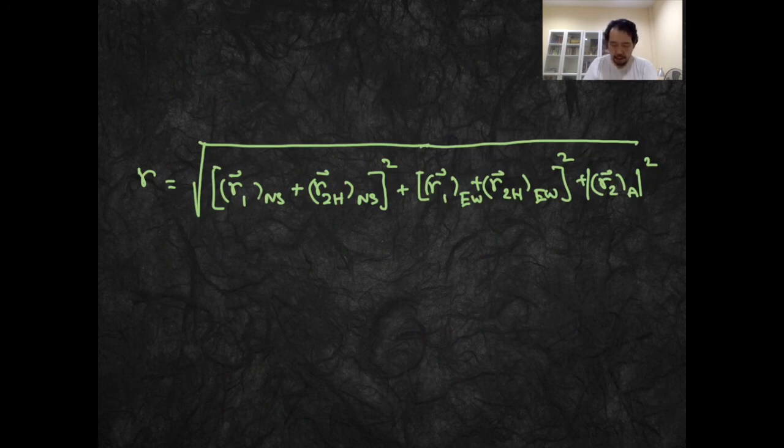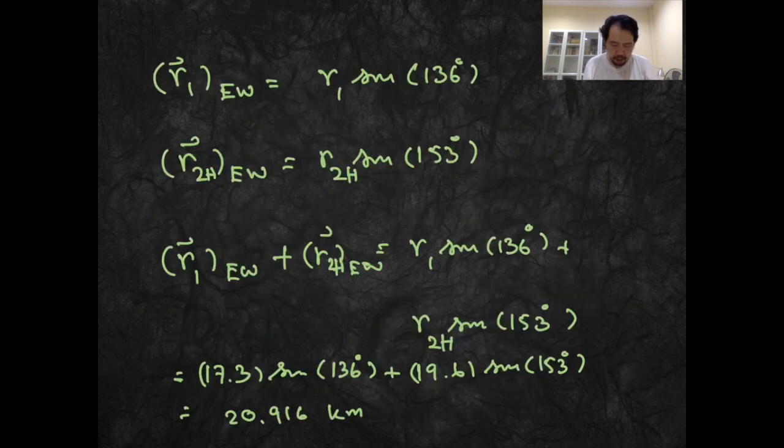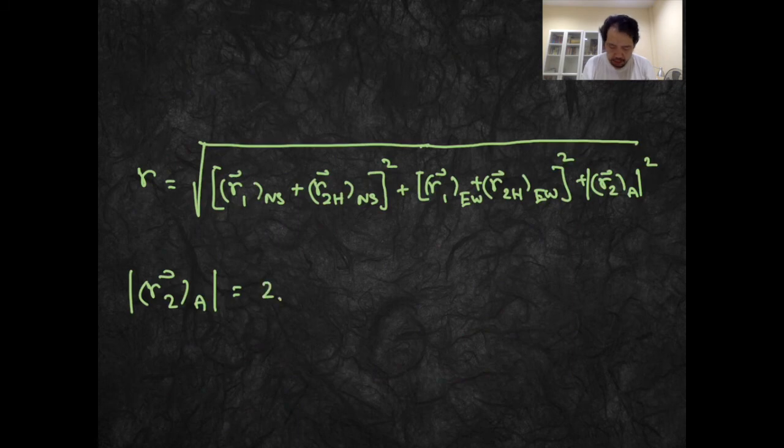And for the last one, we know that R2A is equal to the altitude of the plane, which is 2.2 kilometer.